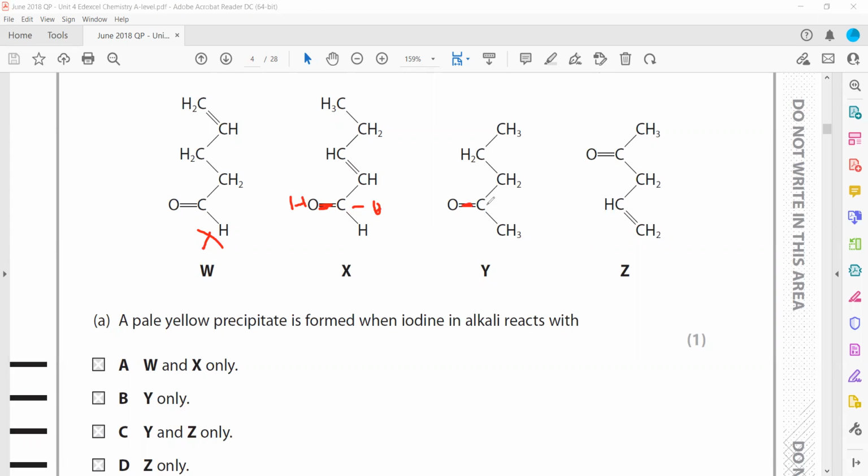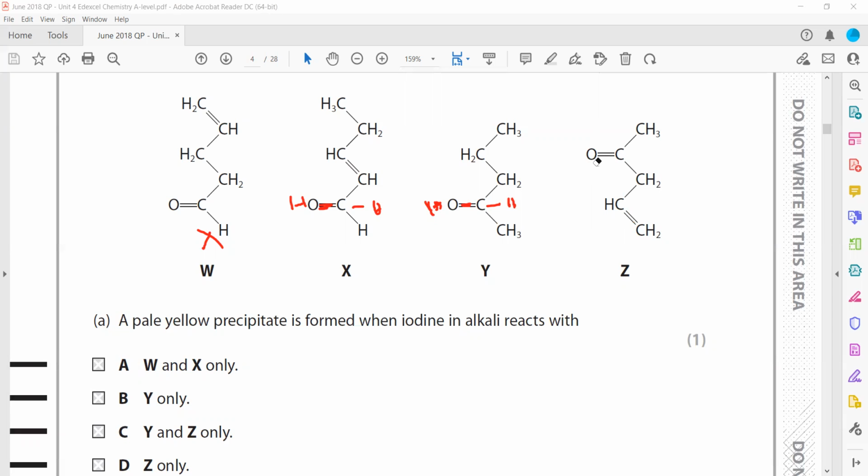But when this is reduced, reduction means addition of hydrogen or removal of oxygen. So it will produce pentan-2-ol. And when this is reduced, here, 1, 2, 3, 4, 5 are there.